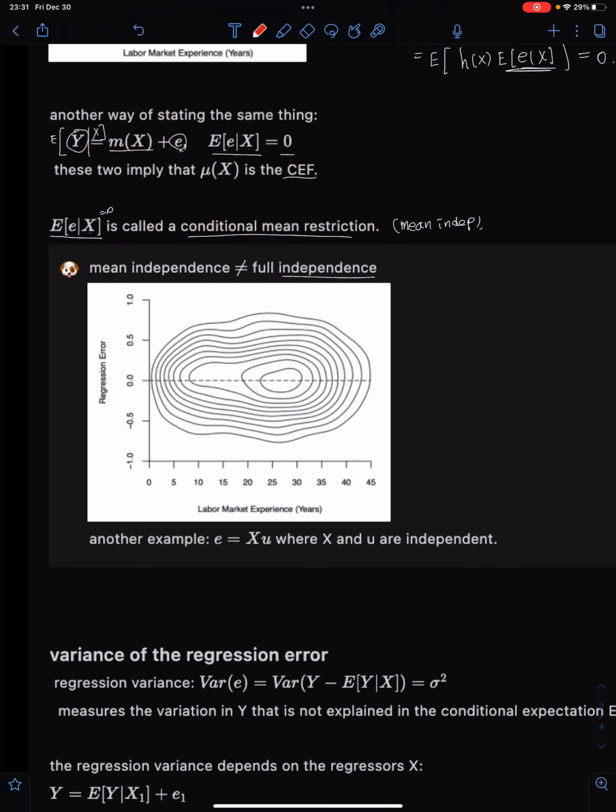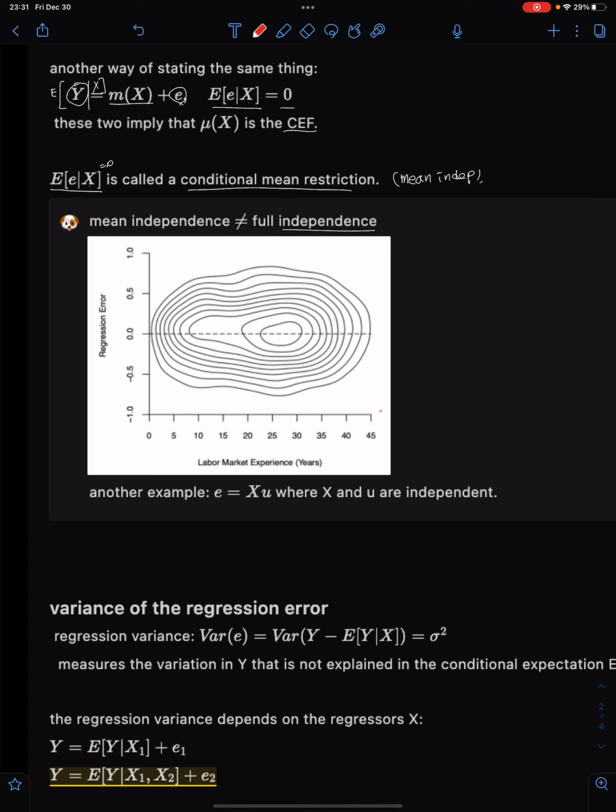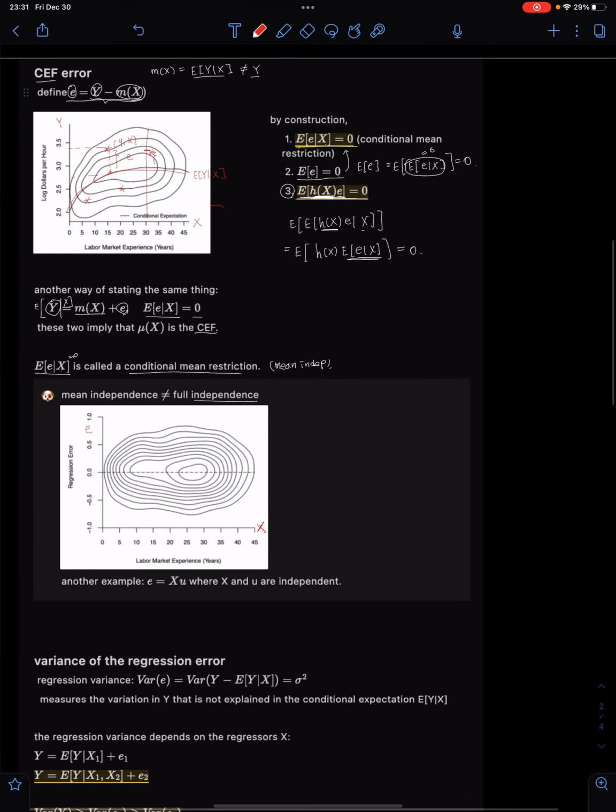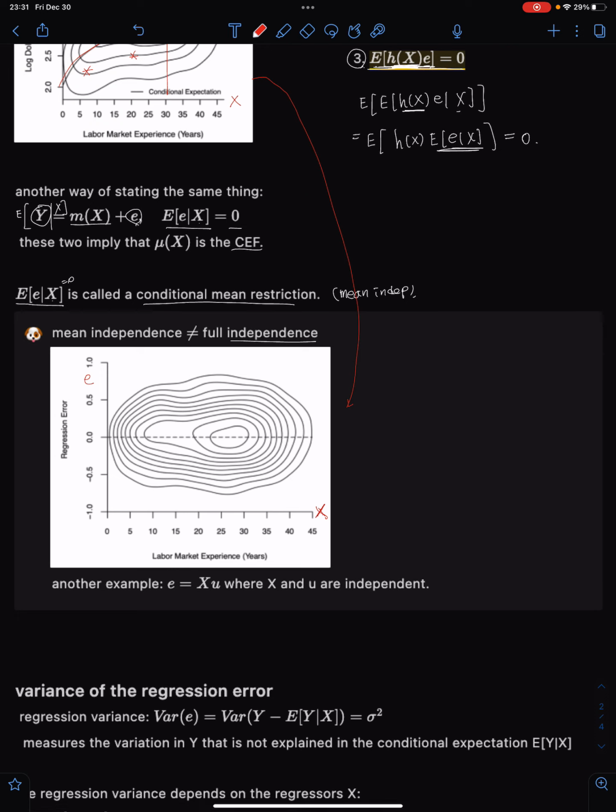So graphically, let me give you an example. Suppose that you are now plotting x and your y-axis is errors. So this is CEF error. This is from the same example as before, and now we are just plotting the error instead of y. And we have seen that on average, conditionally or unconditionally, the error's expectation is 0. And we can easily see that conditional on these values of x, the density of e is concentrated around 0.